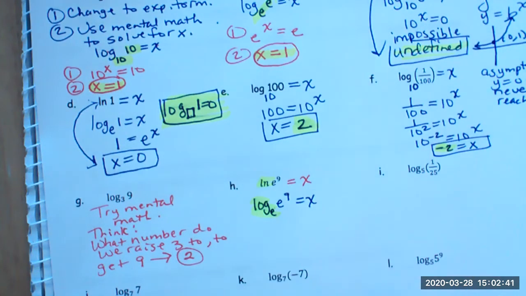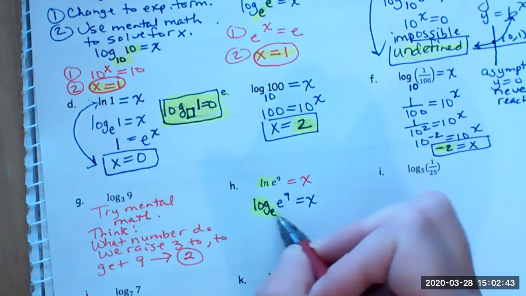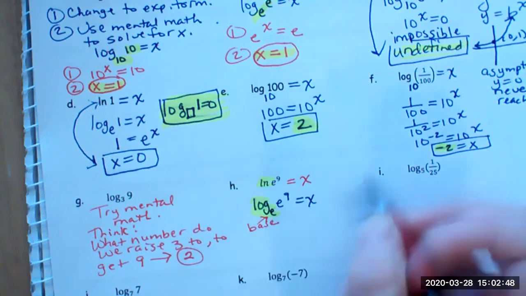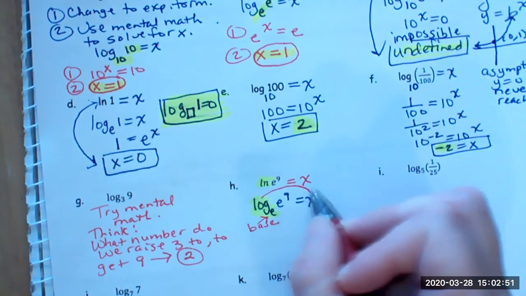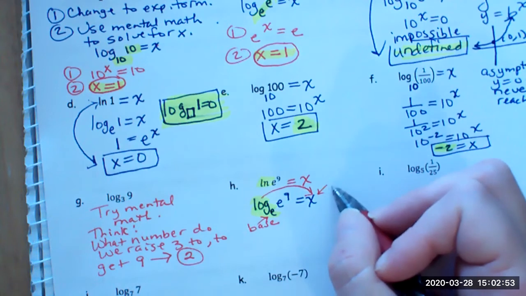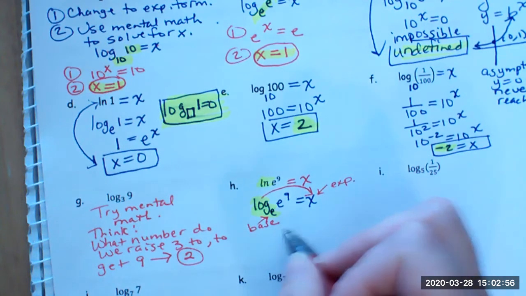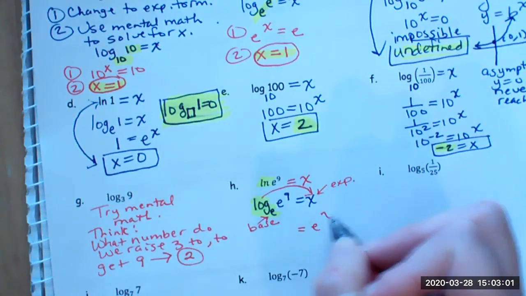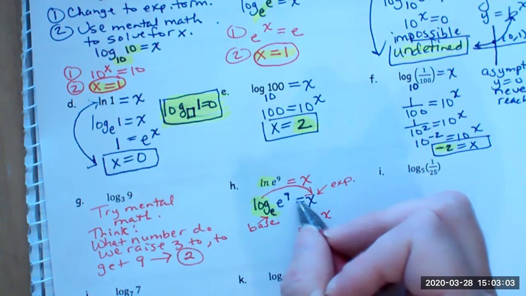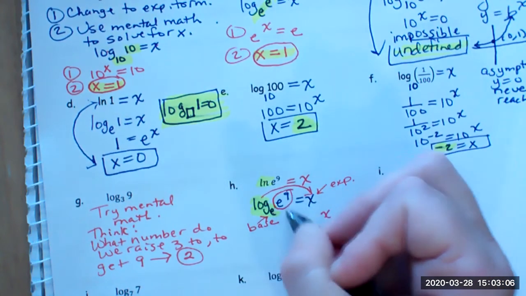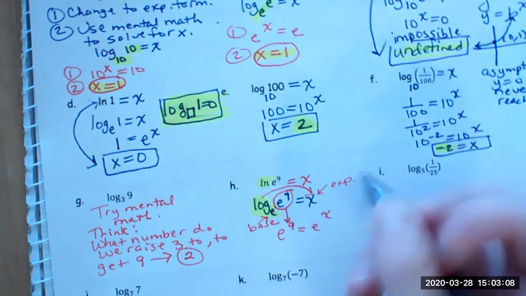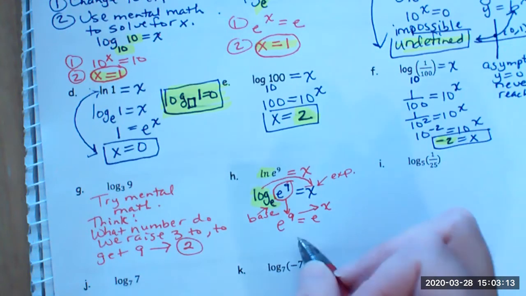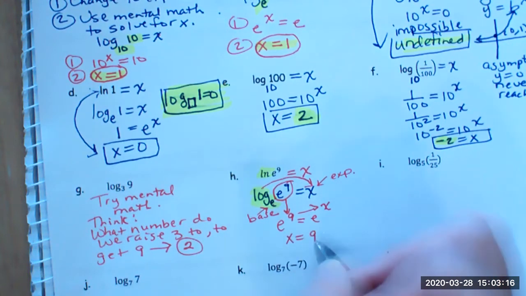And let's rewrite this in exponential form. So we can see here, here's our base, and the value of the log is going to be the exponent. So I'm going to write e to the x is equal to, here's the e to the 9th, we'll just bring that down right here, e to the 9th. So e to the 9th equals e to the x, and then it's very easy to match those up, and we can see that x is equal to 9.